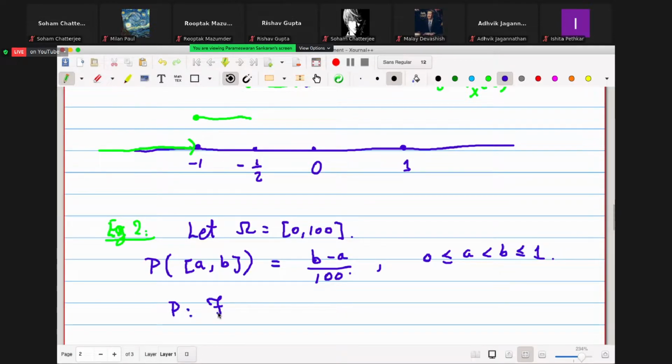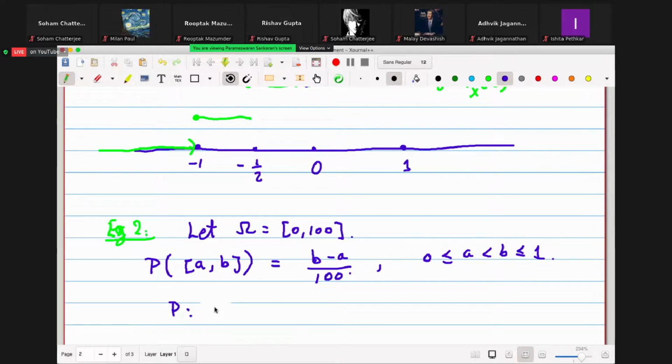F is the smallest one which contains all these closed intervals or open intervals and so on. So, for example, I'm not telling you what is the probability when you have two disjoint intervals. All right, so let's not worry. Those will follow from the axioms of probability the moment I tell you what it is on an interval like this.